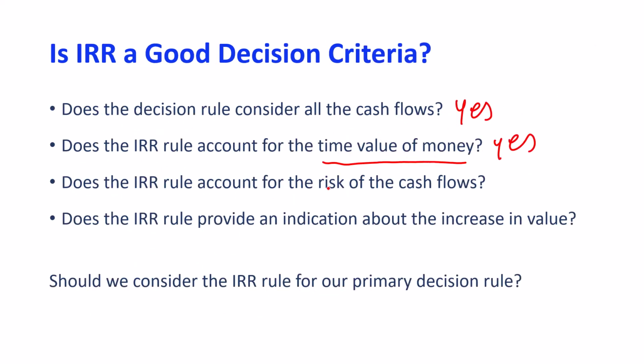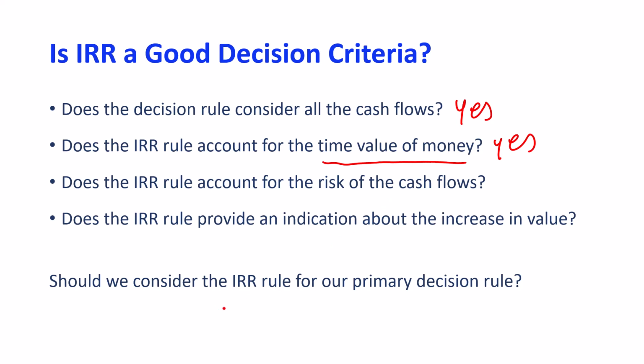And finally, does the IRR rule provide an indication about the increase in the value of the firm? The answer is yes, because we will always increase value if we earn a return greater than our required rate of return.